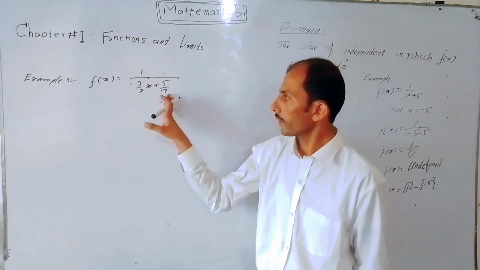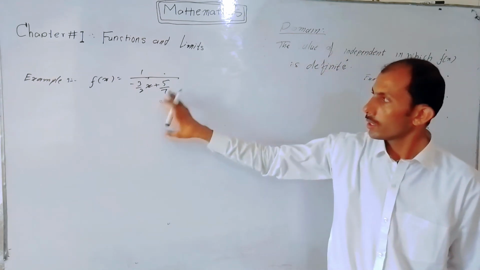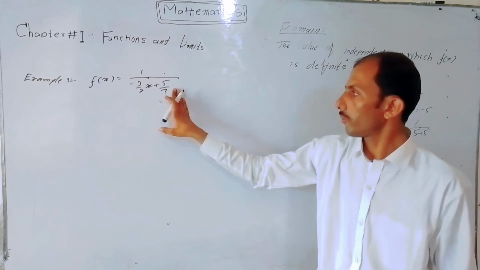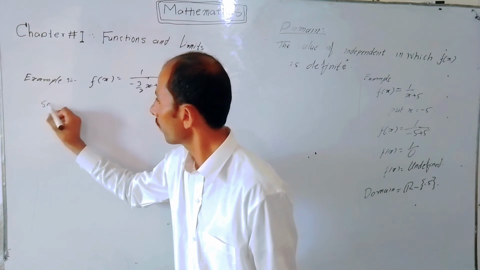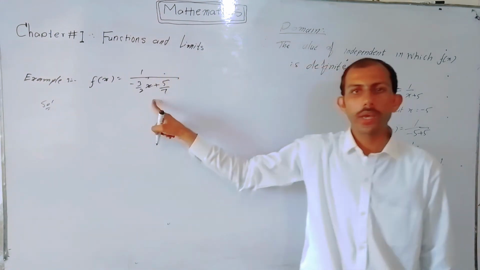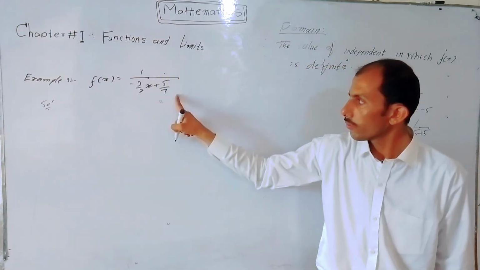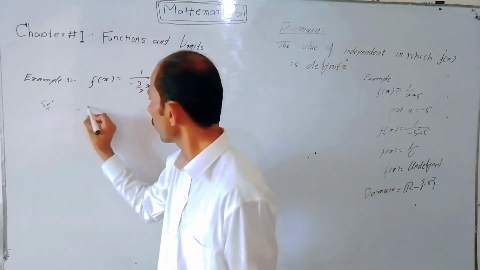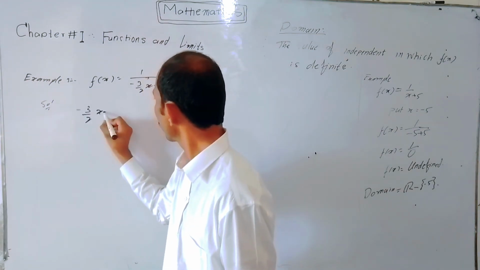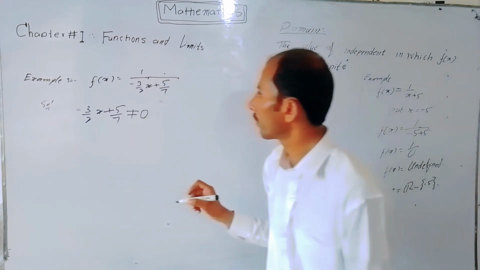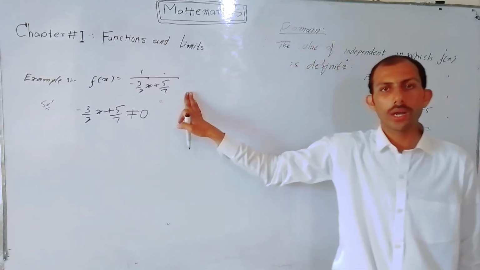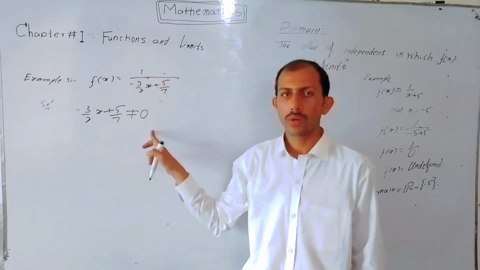So we check that in this function we use, first of all, the denominator: minus 3 over 2 x plus 5 over 7 not equal to 0. This type of function we always put not equal to 0.